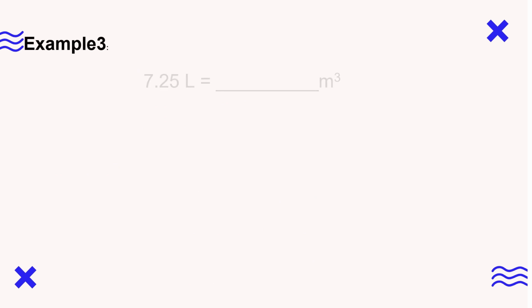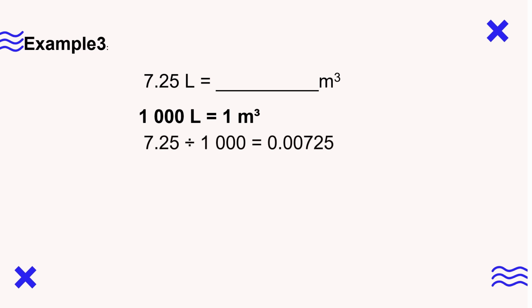So, example number 3 natin, 725 liters equivalent to how many cubic meters? So, 1,000 liters equivalent to 1 cubic meter. Therefore, tayo ay mag-divide. 725 divided by 1,000 equals 0.00725. How come? Paano nangyari yon? So, alam natin na 1,000, we have 3 zeros.